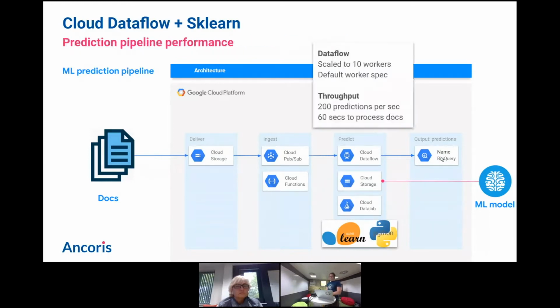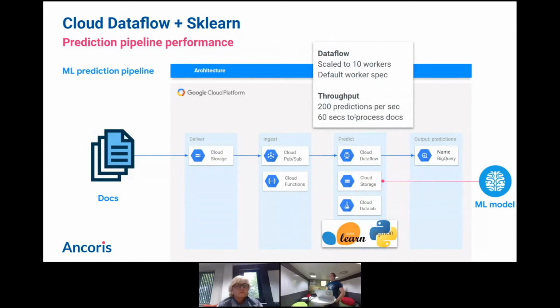And just to give you an idea of how much these could scale, we had it on default workers. How Dataflow works is you spec up the number of workers that you want. We had the default worker spec, which is fairly low spec, fairly cheap. We allowed it to scale up to 10 workers. The throughput that we got there was 200 predictions a second, which is pretty phenomenal.